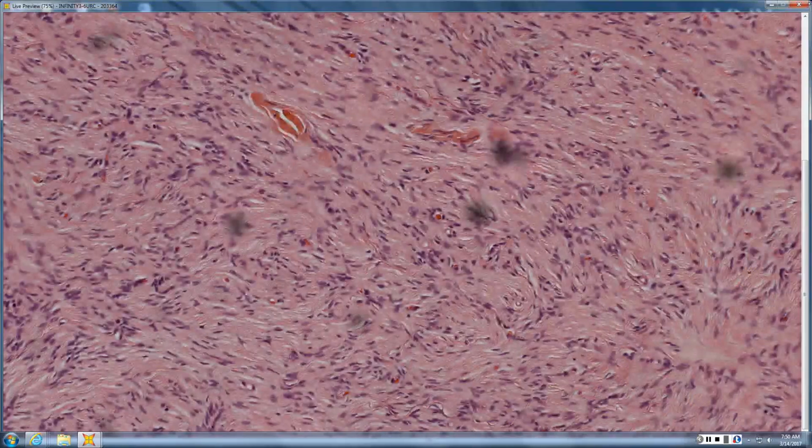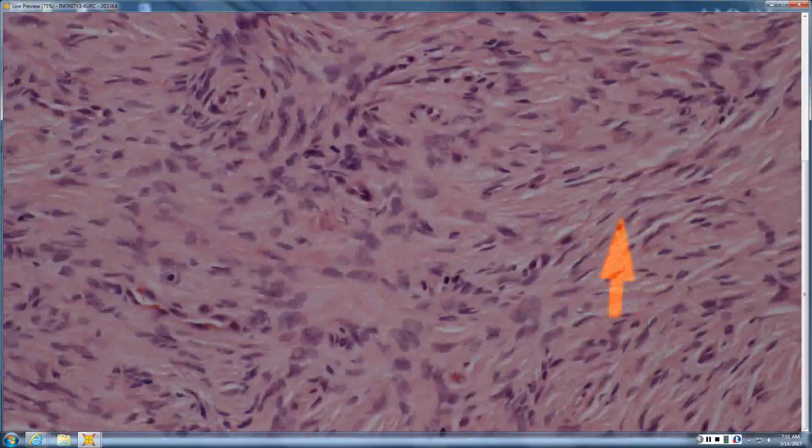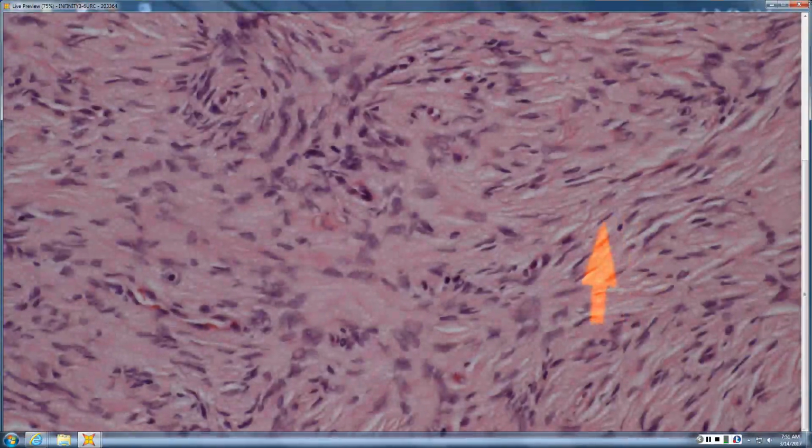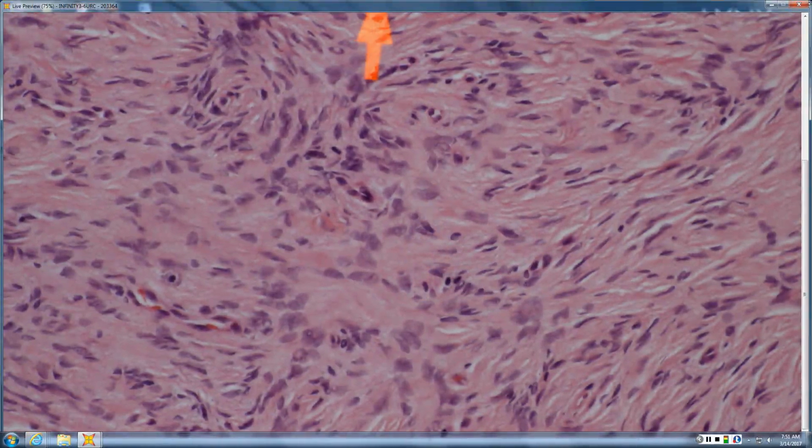It has a true woven storiform pattern, and when you look at the nuclei, they alternate. One fascicle is skinny and dark, the next fascicle is gray and epithelioid, skinny and dark, gray and epithelioid. Same disc-like nucleus viewed either on edge or on face.